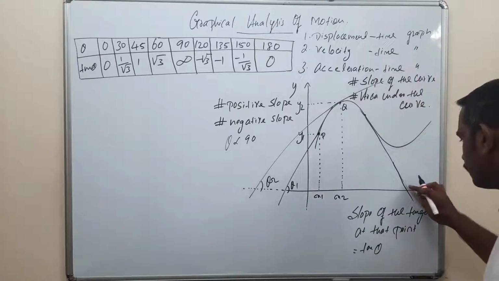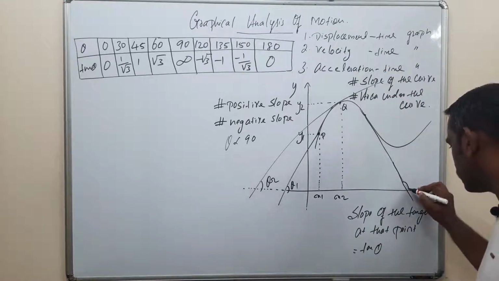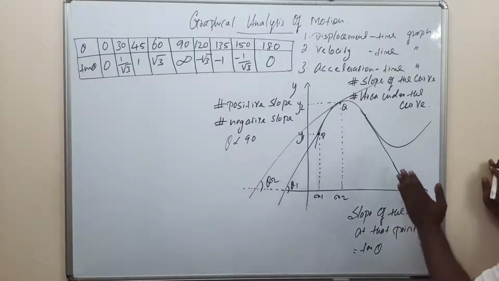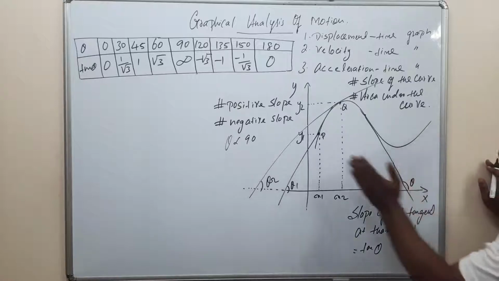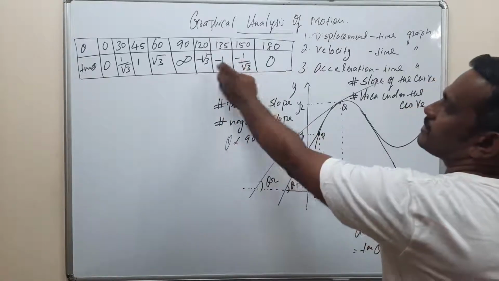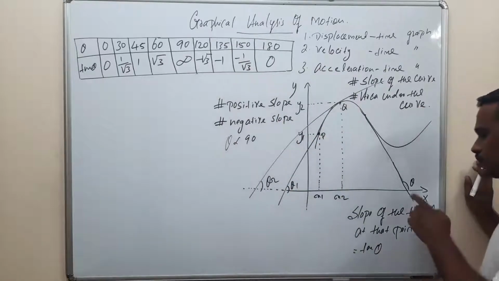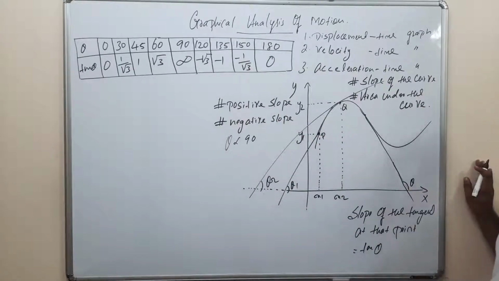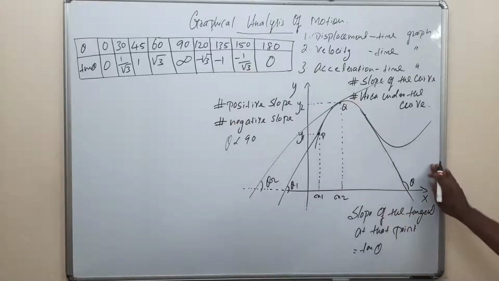If you find the angle, this is greater than 90 degrees. So the angle value is greater than 90 degrees, that is negative values only. So theta is negative, that is called negative slope. Clear? So positive slope and negative slope.